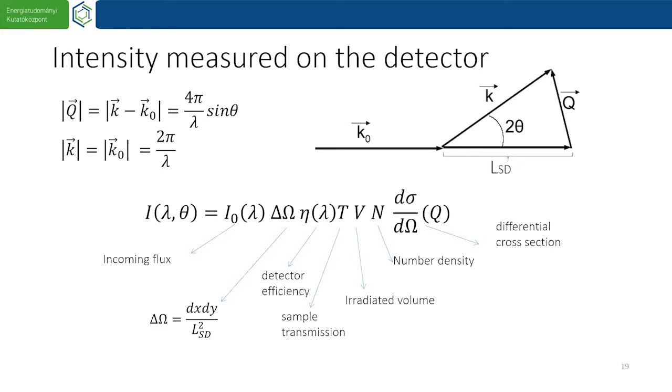The tabulated thing is only the atomic cross sections, or the atomic scattering cross section. So for each element we know it. But this quantity, d sigma over d omega, is a characteristic of a given sample. Okay, so this is what you actually want to determine from your measurement.